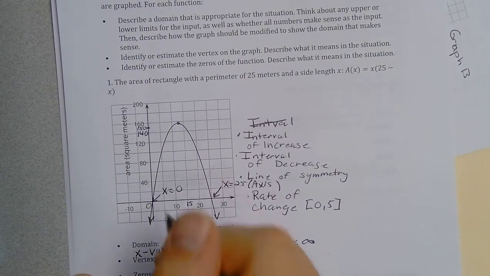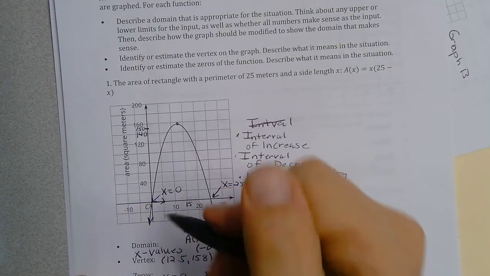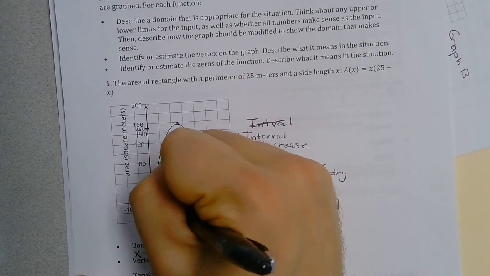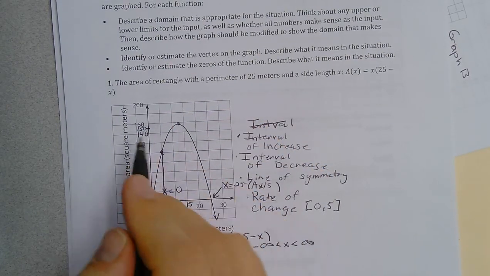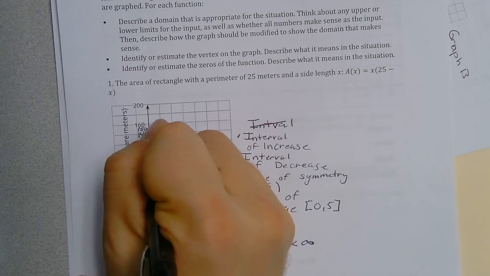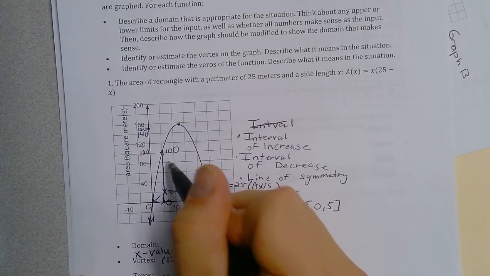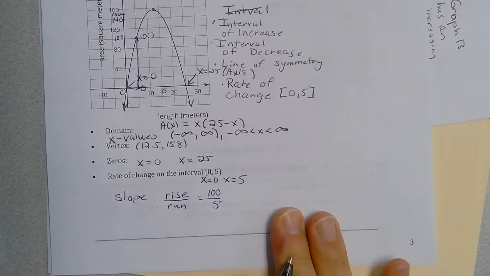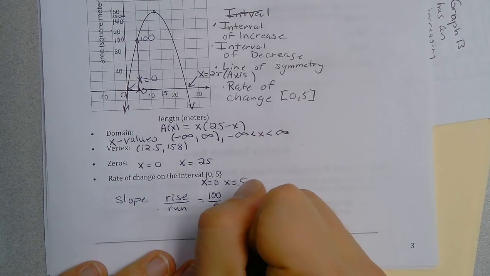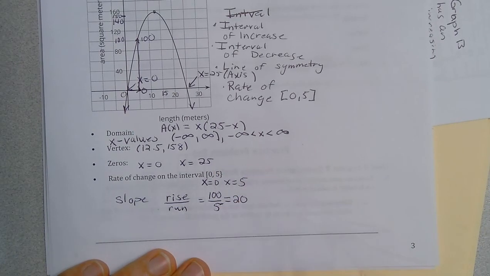So I'm just looking from here to here, from 0 to 5, how far up did I go? So if I look at my rise, I went from 0 to 100. So I can do 100 minus 0, which is 100. And then to figure out my slope, 100 divided by 5 gives me 20 evenly.